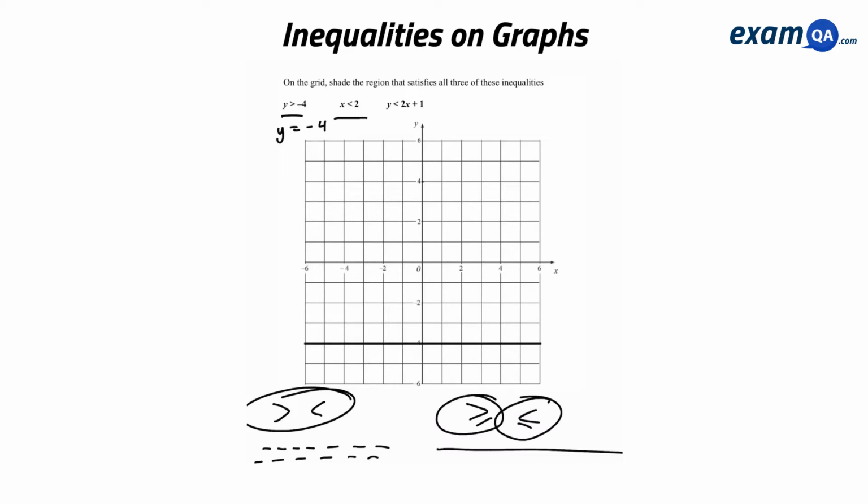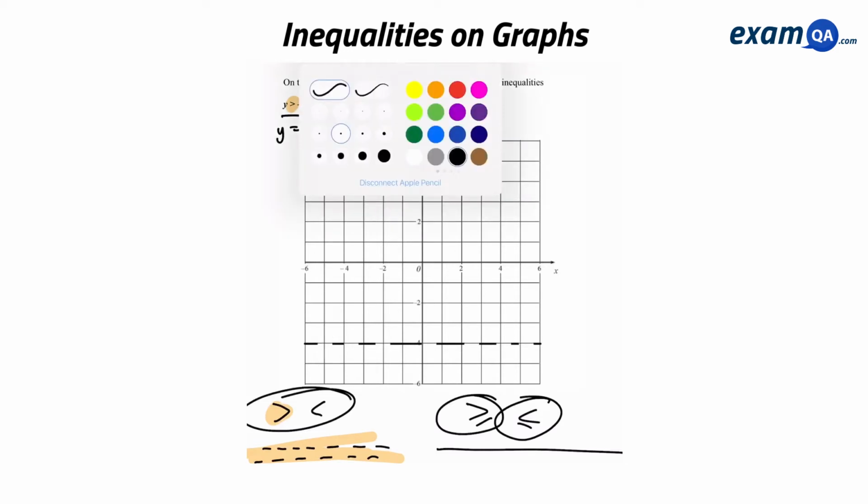Now remember, it is that basically, but the only difference is we've got an inequality. And because it's this inequality, we're going to do a dotted line instead. So let's just make that dotted. And there we have it. That's the first inequality done.